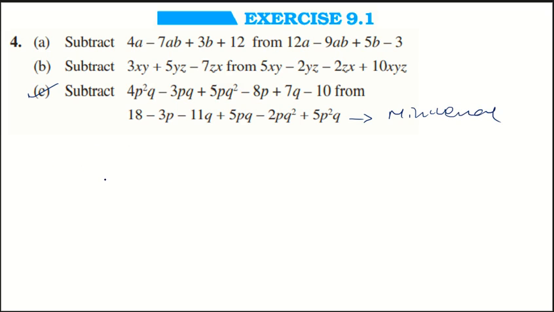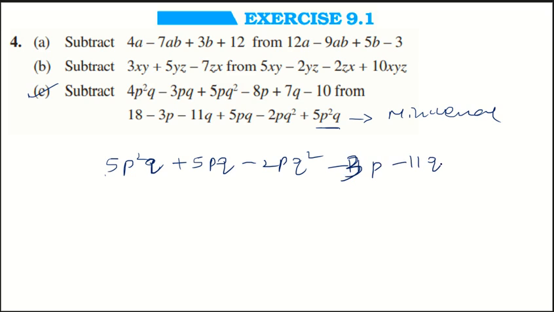I am writing the minuend first, rearranging terms. I will take 5p square q first, then plus 5pq, and next minus 2pq square I am taking, then minus 3p, then minus 11q, and then plus 18.